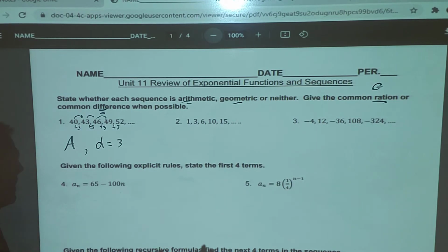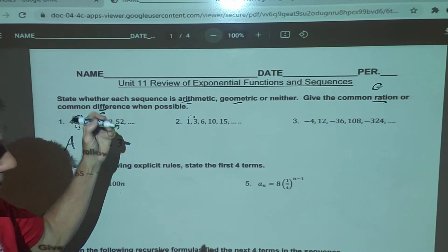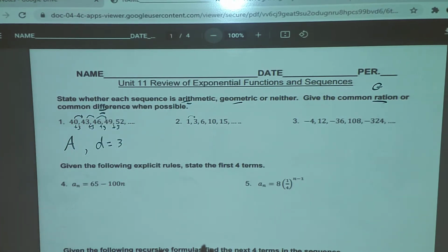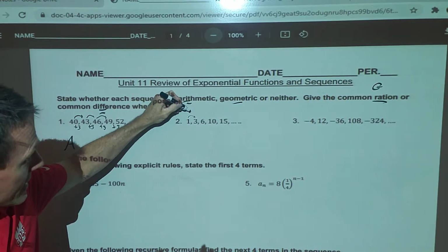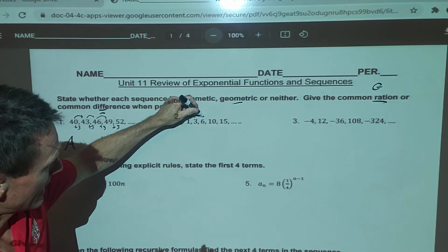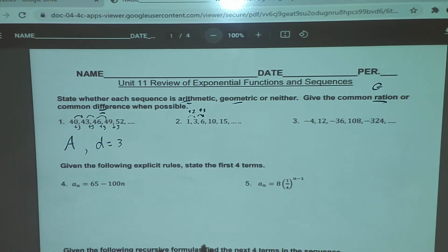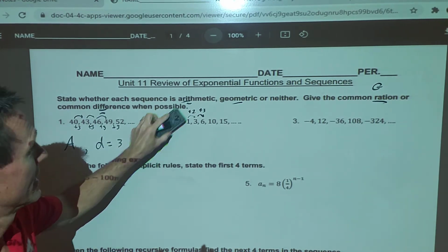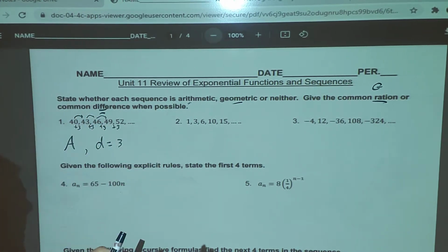Now the second one, from 1 to 3, we can look at that as adding 2. However, from 3 to 6, that's an addition of 3. So that is not consistent. So it's not arithmetic. Let's check to see about geometric.